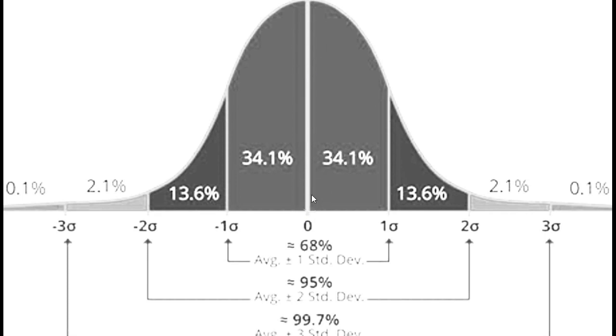What this is stating is that there is a 99.7% chance that price will stay inside of the +3 deviation and the -3 deviation. So price is going to come all in between these numbers here.